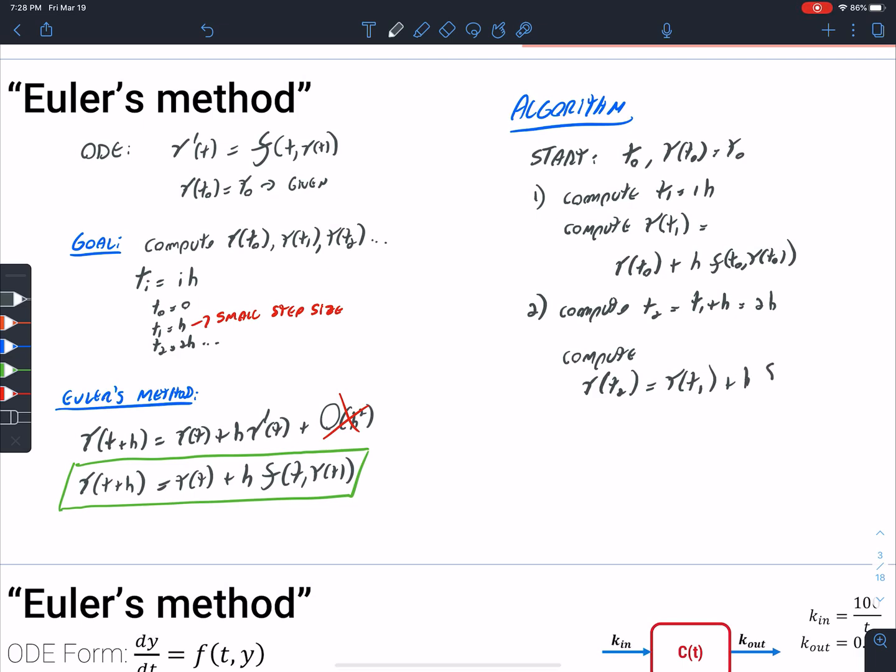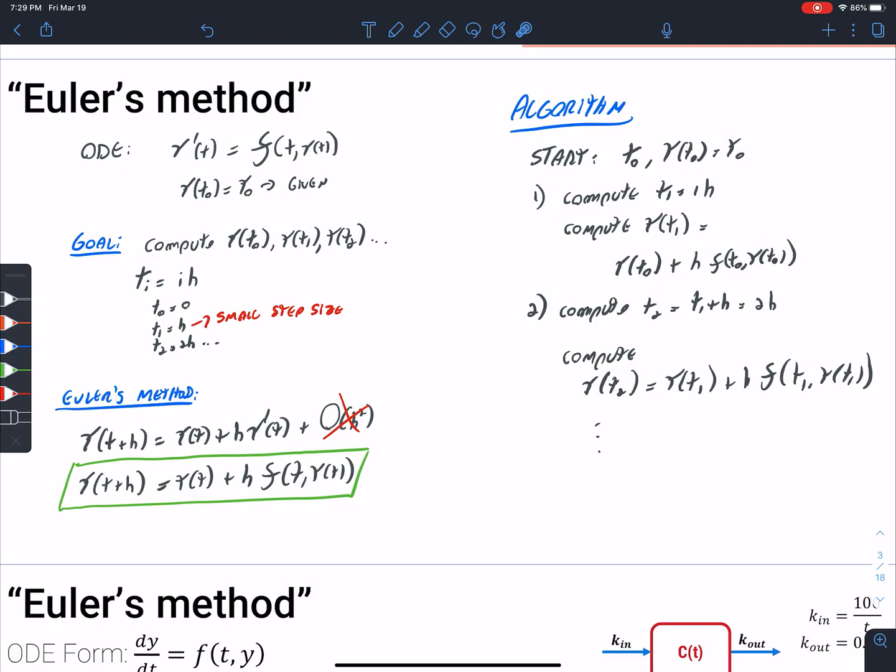And we repeat this as many times as we would like until we get to the solution for the values of t that we would like to have. So this is a very short, very simple explanation of what Euler's method is all about. It's just a numerical algorithm that uses the Taylor series formula, takes essentially the first order expansion of the Taylor series, and then starts from a given value and computes the next value, always with the same formula. It's a recursive kind of formula.